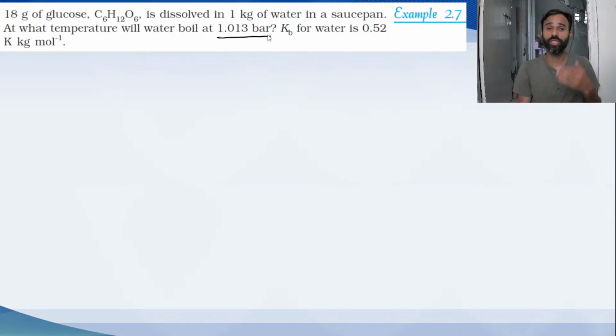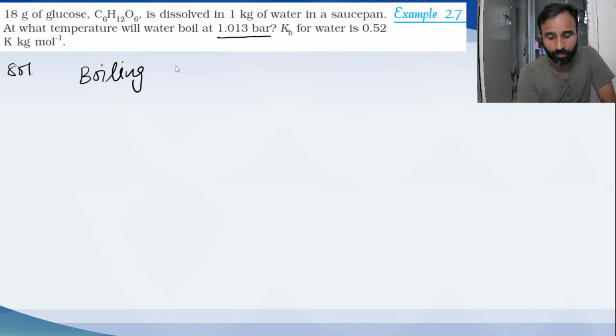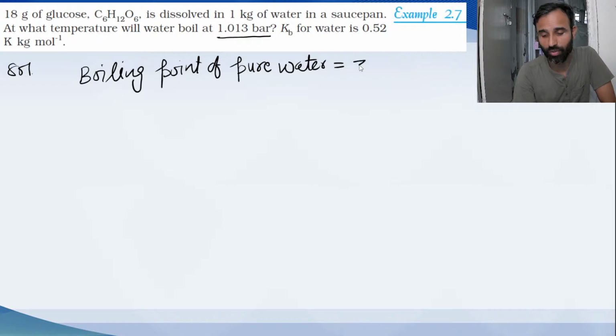If glucose is not added, we can write that the boiling point of pure water is equal to 373.15 Kelvin at 1.013 bar.